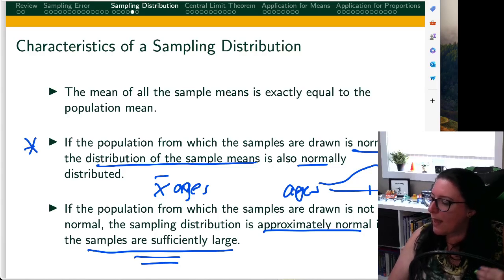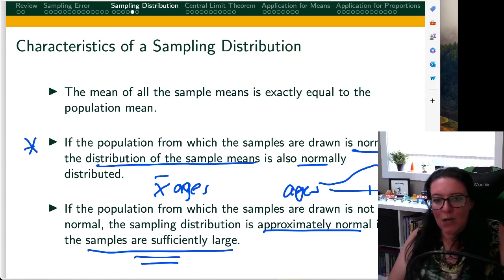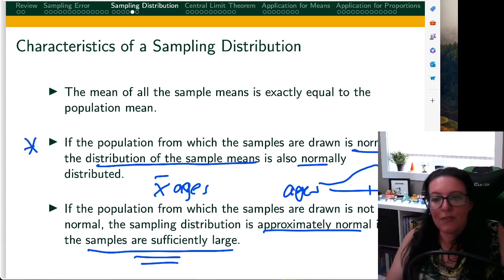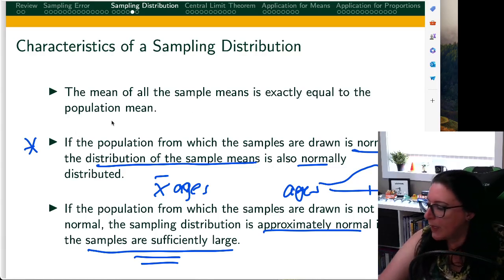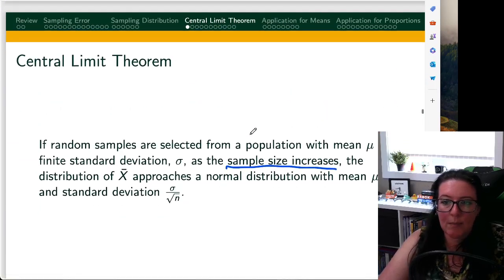And we talked about that if the population from which the samples are drawn is not normal, then if the sample size is large enough, the sampling distribution will be approximately normal. And so this is important, and it helps us build to the central limit theorem.